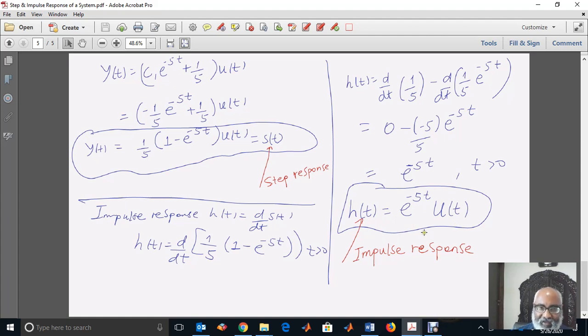As I said, normally it is difficult to get the solution of the differential equation if the input x(t) is Dirac delta(t), the impulse function, but we found it indirectly, first by getting the step response and then the impulse response. If you compare the two, this is a decaying exponential function and this is a growing exponential function.